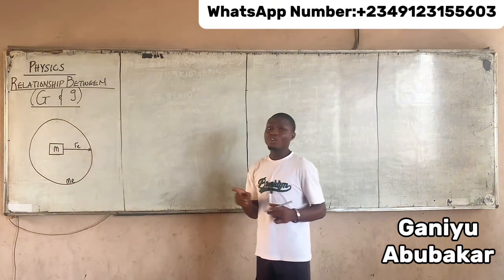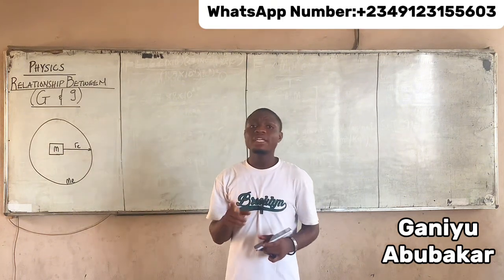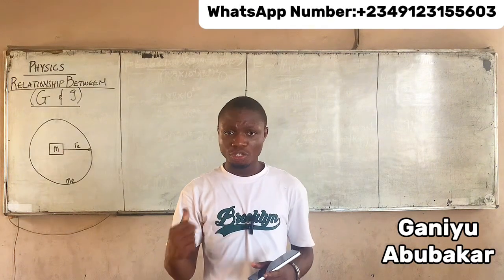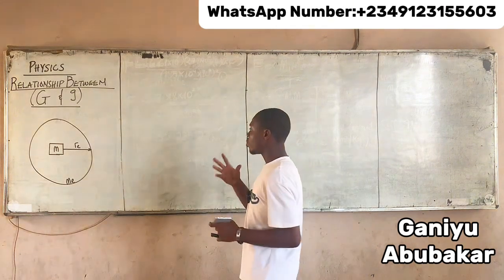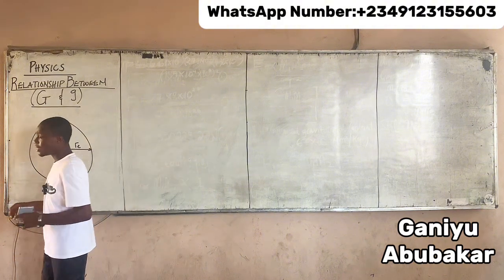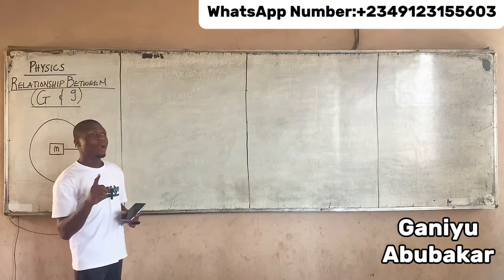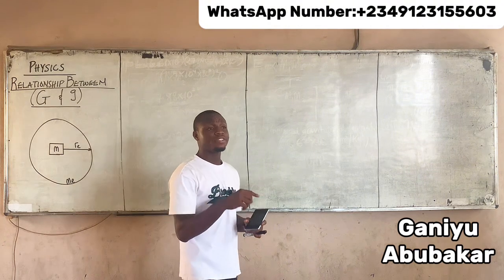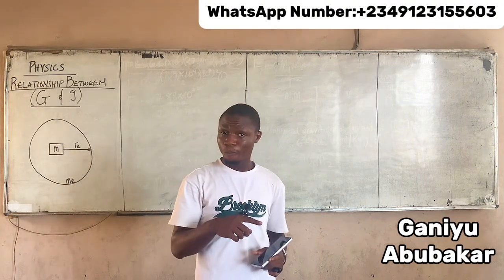For this class, we're looking at the relationship between capital G and small g. Here is the concept. Let's assume that the earth, usually we know that the earth is spherical in nature.